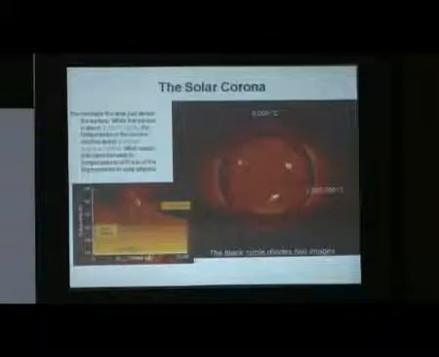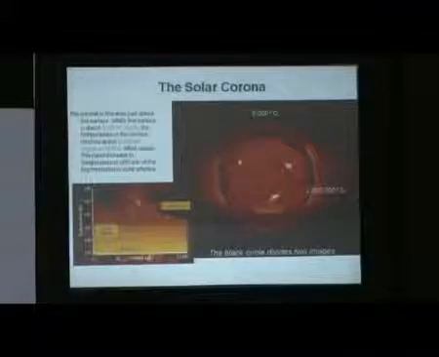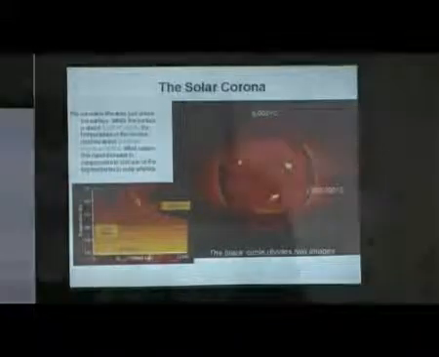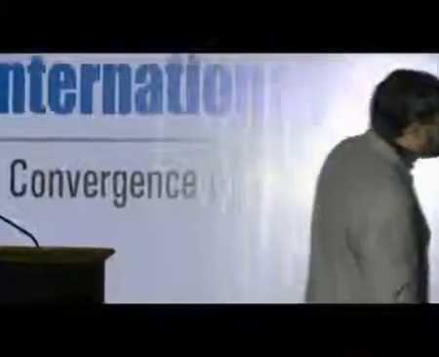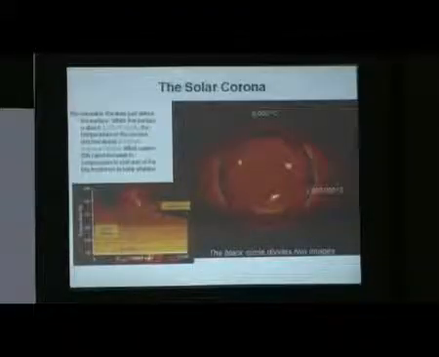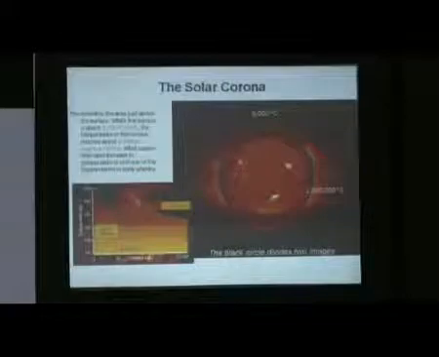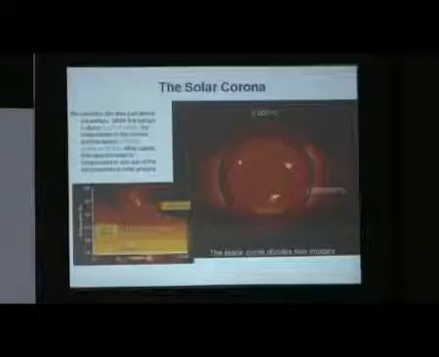Here I plot the temperature versus the radius. This part is the interior, and this is the atmosphere. Where the thermonuclear reactions are taking place, the temperature is tens of millions of Kelvin. Then as you come to the surface of the sun, the temperature drops because the energy source is here and you are far away from it. It is about 6,000 Kelvin.